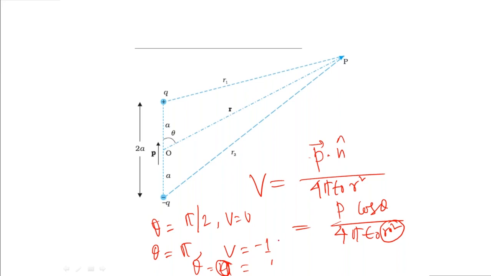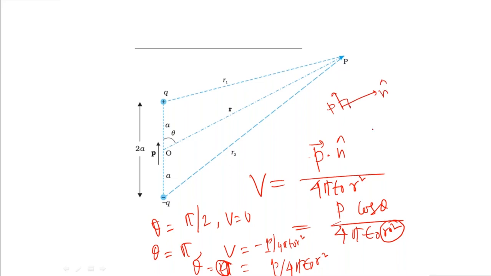Look here. When the angle between the direction you are calculating the potential and p is 90 degrees, the potential will be 0. If I calculate the potential where the angle is pi, the potential will be minus p by 4 pi epsilon naught r square, which is the minimum potential.